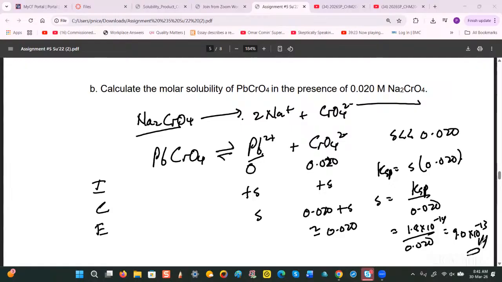And this is an example of what we call the common ion effect, right?